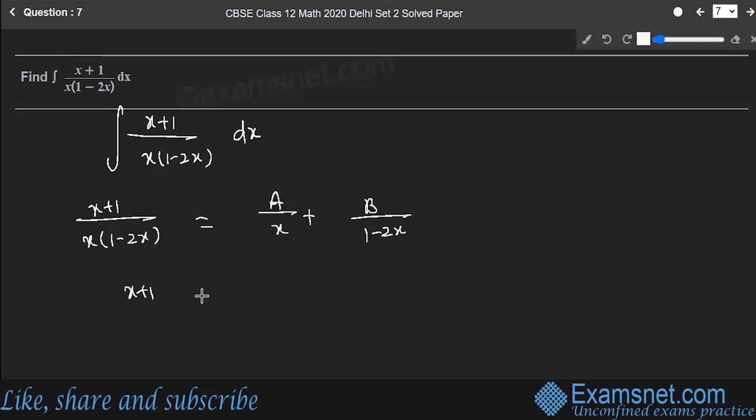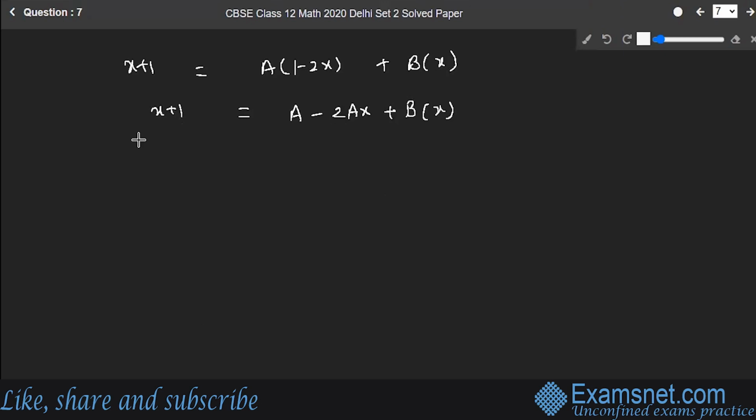So that means x plus 1 can be written as a into 1 minus 2x plus b into x, which will be equal to a minus 2ax plus bx. This is equal to x plus 1, or x plus 1 is equal to b minus 2a into x plus a.